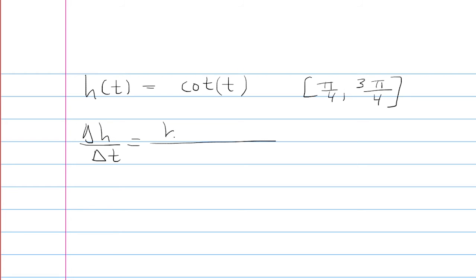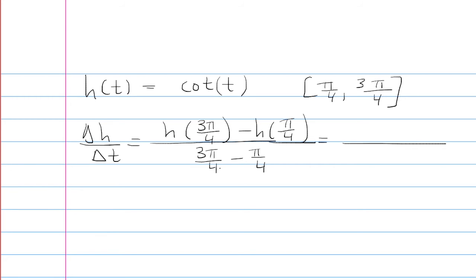We're going to plug in 3 pi over 4 and pi over 4, and divide that by 3 pi over 4 minus pi over 4. 3 pi over 4 minus pi over 4 is 2 pi over 4, which is the same thing as pi over 2. Now we're looking at cotangent 3 pi over 4.